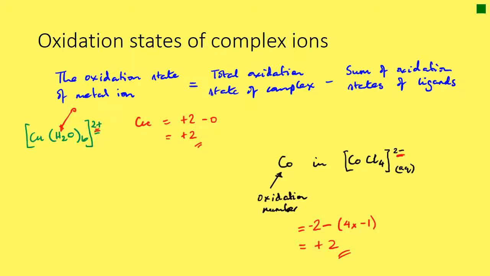So that's -2 minus -4. I forgot to put the minus in there. Okay, so we've got -2 minus -4 is +2. And so the oxidation number of cobalt in cobalt chloride complex is +2.